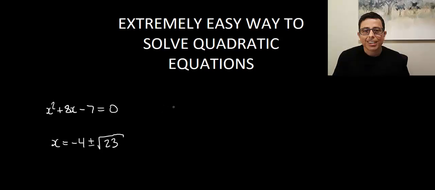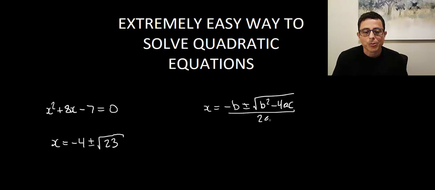Now let's check. I know many of you are familiar with the quadratic formula, so let's test that. The quadratic formula is given by -b plus or minus square root of b squared minus 4ac, divided by 2a, right? And then we plug in these numbers. a here is 1 because it's the coefficient of x squared, 8 is the coefficient of x, and -7 would be c.